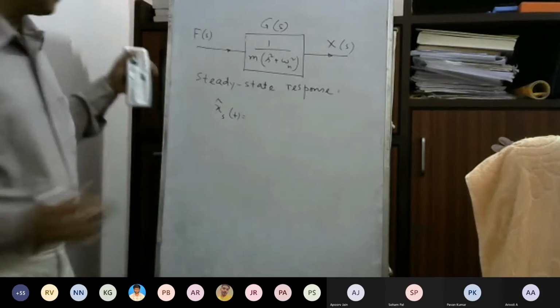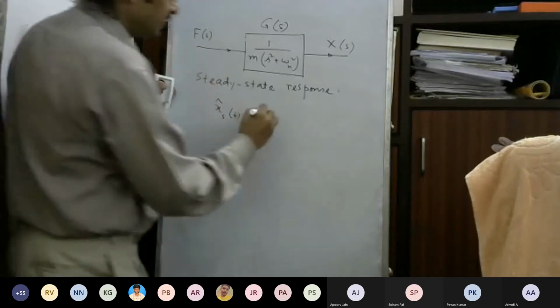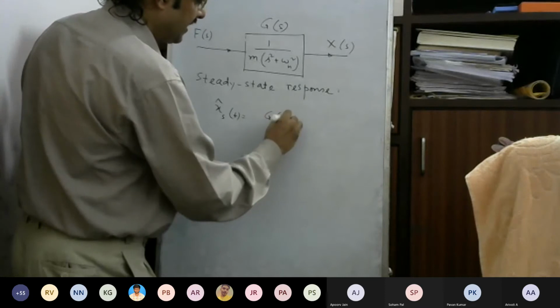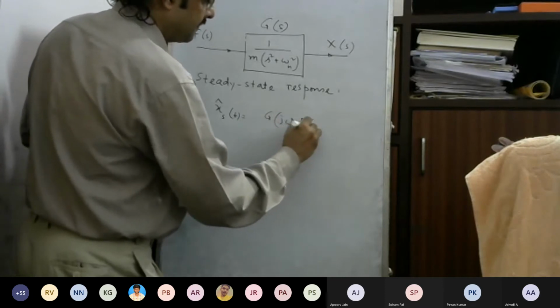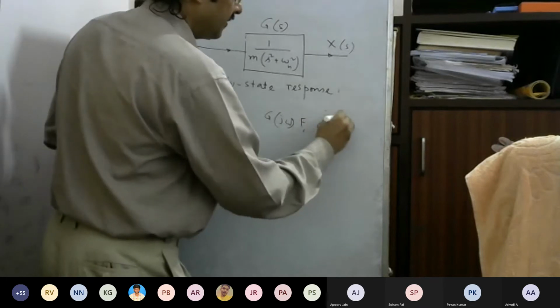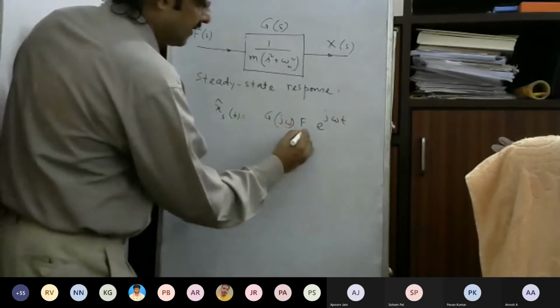I should consider the hat over there because I am considering the complex force e to the power j omega t. So the steady state response here will be equal to G(j omega) F naught e to the power j omega t.